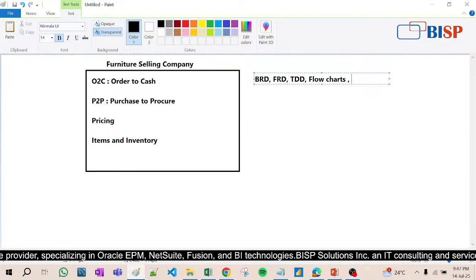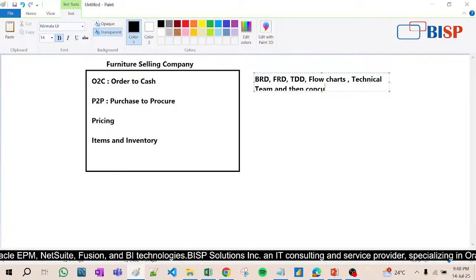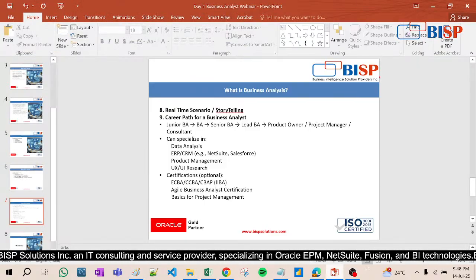And then he works with the software team, technical team, and then conducts UAT, right? So these are the tasks of a business analyst. The business analyst does all these tasks.